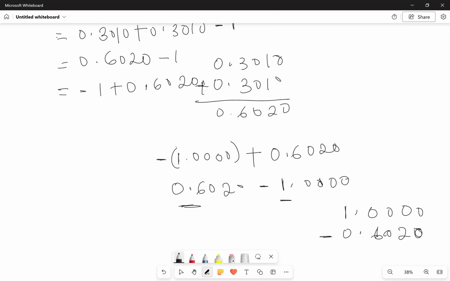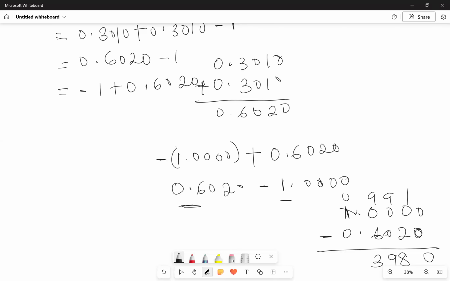So 1.000 minus 0.6020. Let's conduct the subtraction. So what are we getting? 0 minus 2, okay, so it's not working. This is 0, so here will be 9, 9, 1. So here will be 8. This one will be 9.